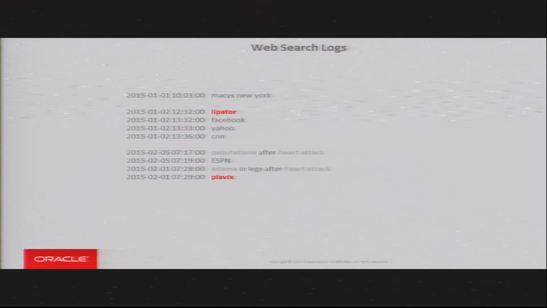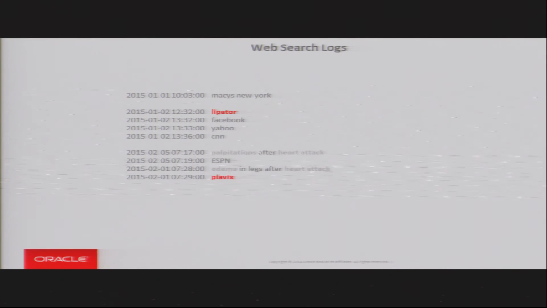And finally, we had another project involving web search logs. This was done in conjunction with Microsoft and some other partners. It's surprising, but we got 50 million people who agreed to have their search logs analyzed just for what they happened to be looking at using various web browsers.